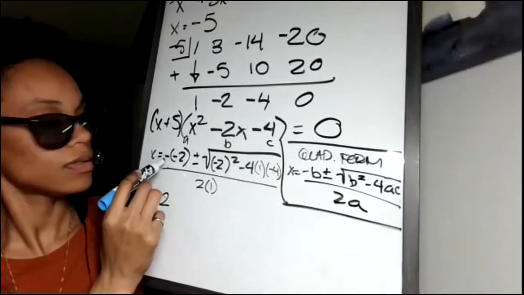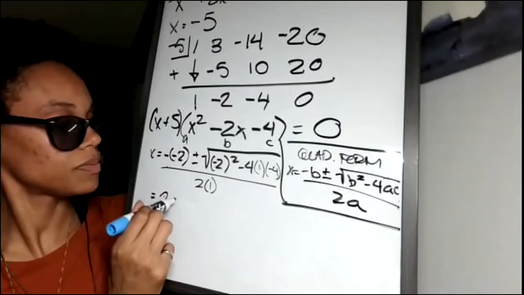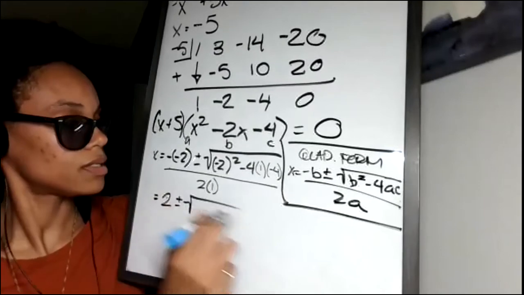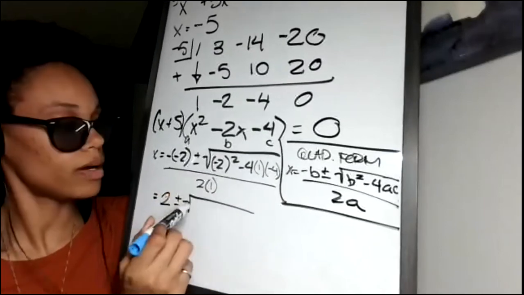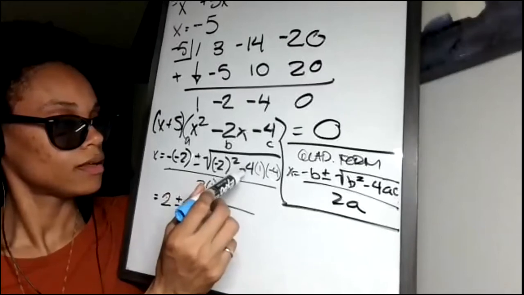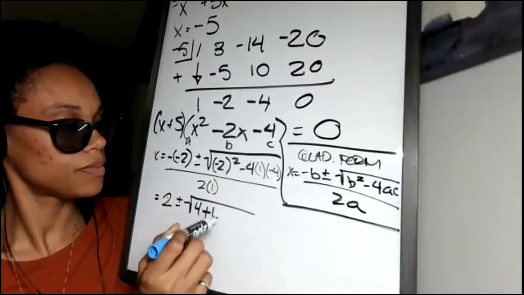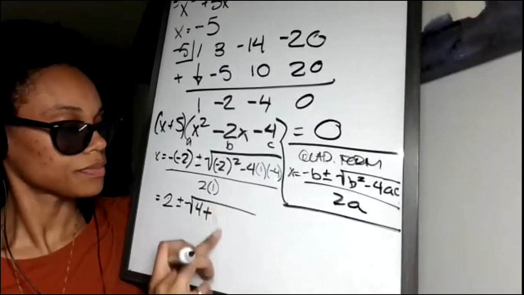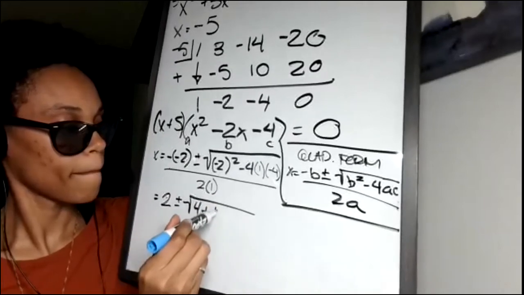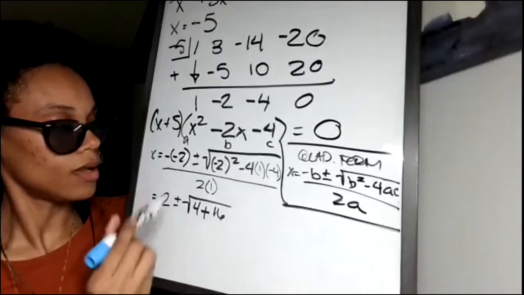It's -2, +2. Plus or minus square root -2 squared, +4. -4 times 1 times -4, plus 16. All over 2.